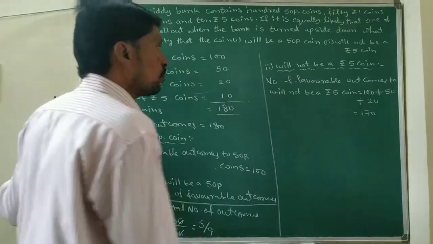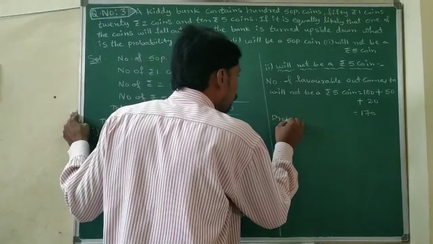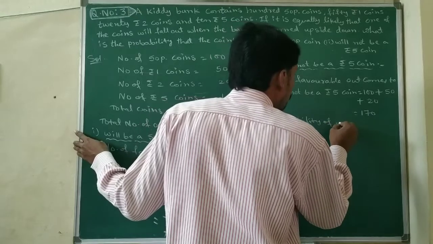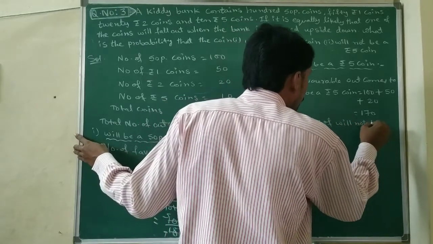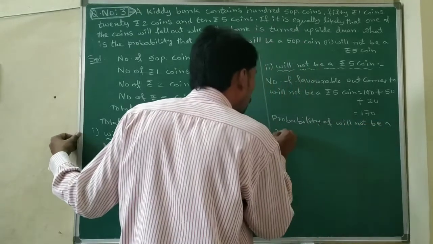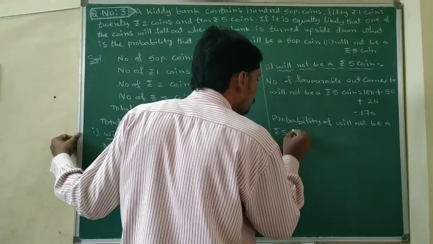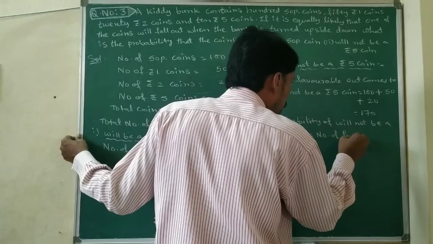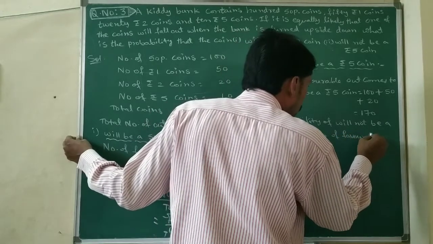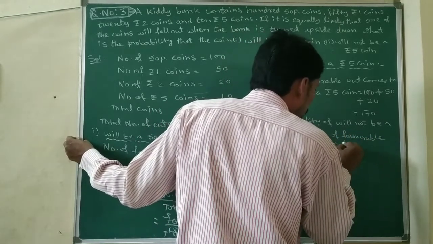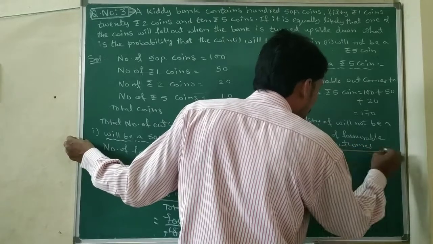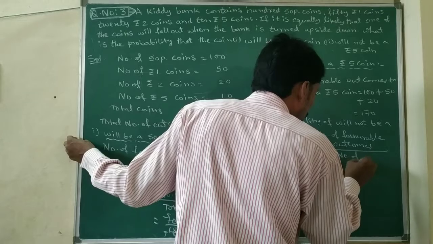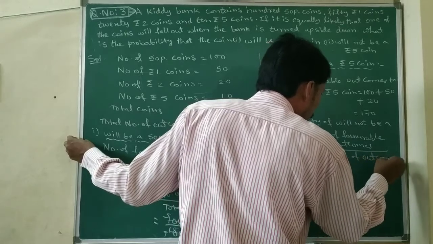So probability of will not be a rupee 5 coin equal number of favorable outcomes by total number of outcomes.